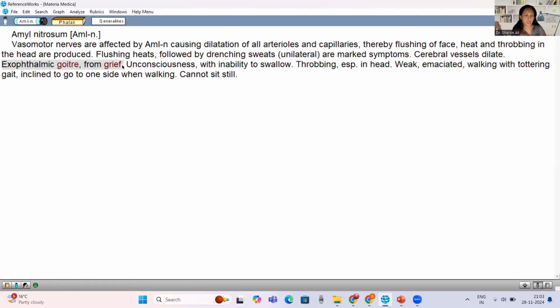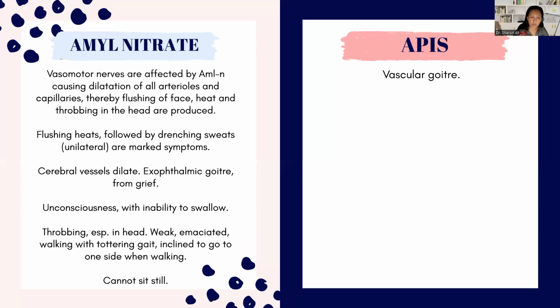You can see it's written exophthalmic goiter from grief. Okay, so one of the main symptoms of amyl nitrate in goiter is that, so you don't think just of natrum mur, you think of amyl nitrate also. Okay, but when will you give natrum mur and when will you give amyl nitrate will depend on what all you know about amyl nitrate and what all you know about natrum mur. Okay.